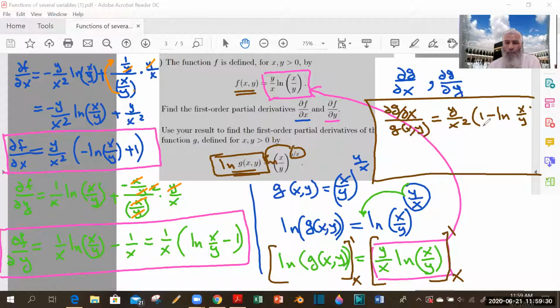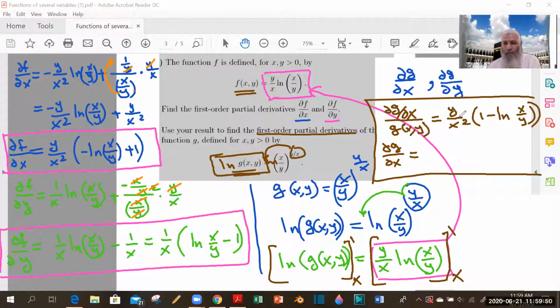So now g of x, y in the denominator can come to the other side, because we need to first calculate the first order partial derivative, which is this dg over dx.